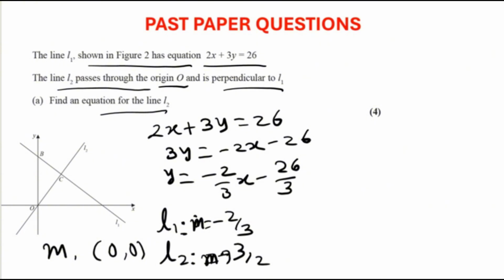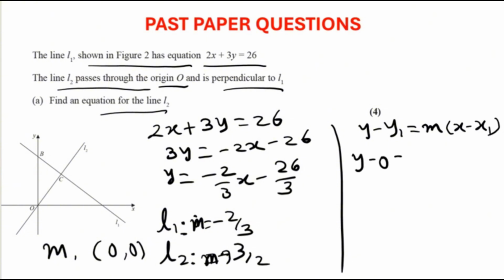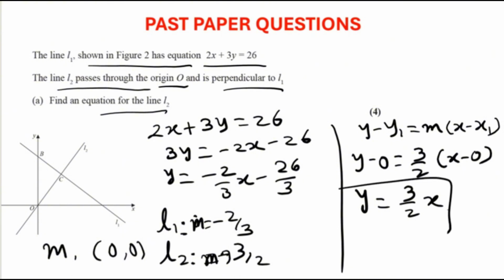Now it's passing through the origin. So to make the equation we can use y minus y1 is equal to m into x minus x1: y minus 0 equals 3/2 times x minus 0. So y equals 3/2 x. So this is the equation of my line L2.